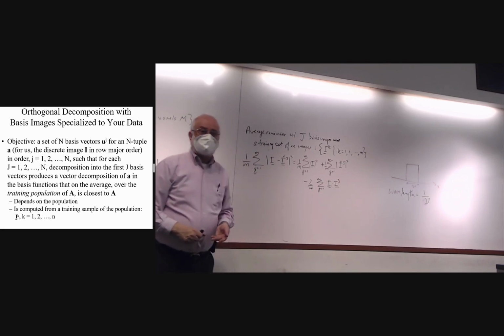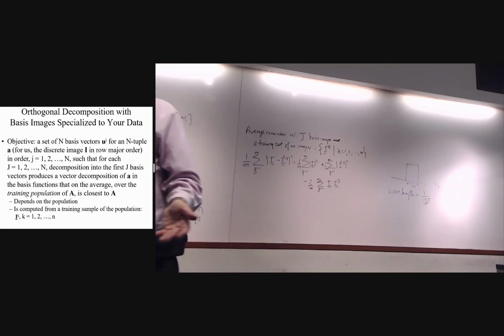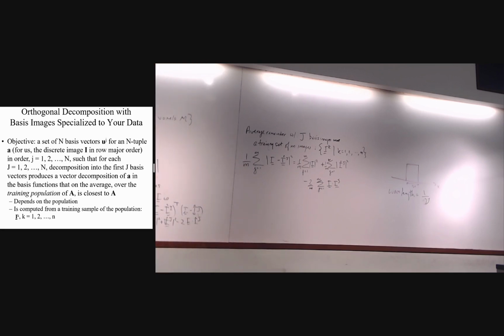And I'm going to want to solve the problem first for capital J equals 1. What if I only want to use one basis image? Then we'll solve the problem for capital J equals 2. What if I allow myself to have 2 basis images? What should the basis images be?